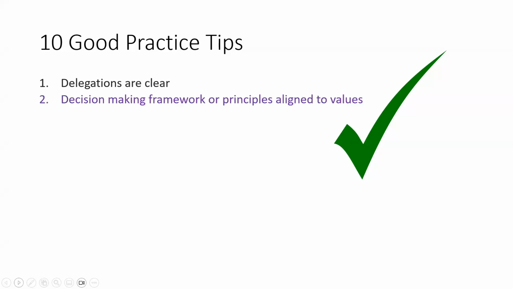The decision-making framework or principles aligned to values. Now, this is a really good governance tip. Governance bodies are making decisions all the time in an organisation. What would it look like if they had a framework or some principles for making decisions aligned to their values?